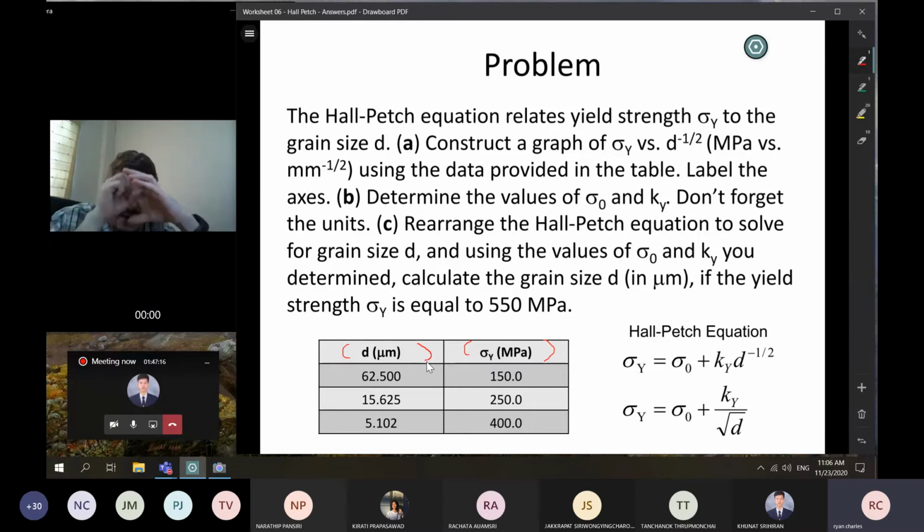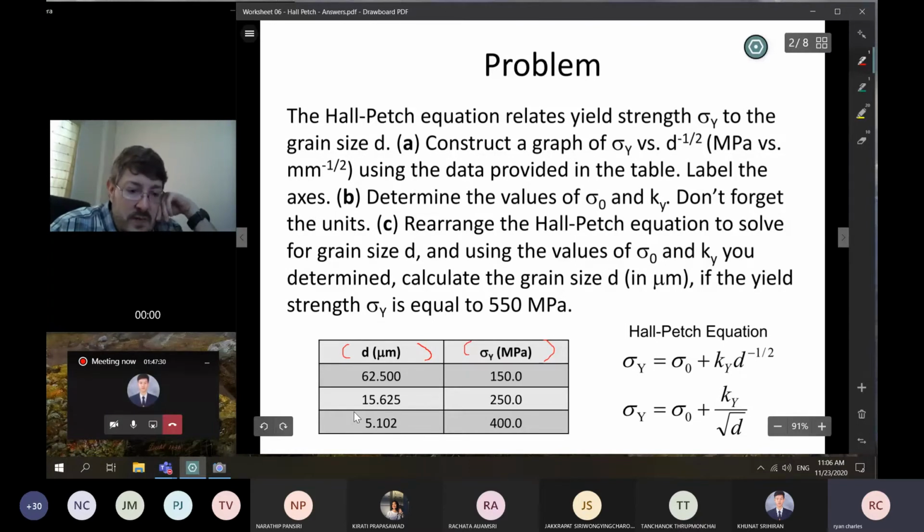Metals are made up of little tiny crystals, all smushed together, polycrystalline metals like steel or aluminum. And it might be observed that if the metal has a very small grain size, very tiny crystals, it was stronger than a metal that had very big crystals. And this was noticed by Hall and Petch.